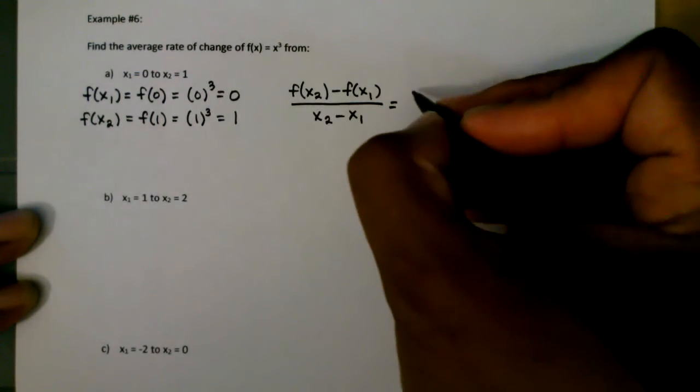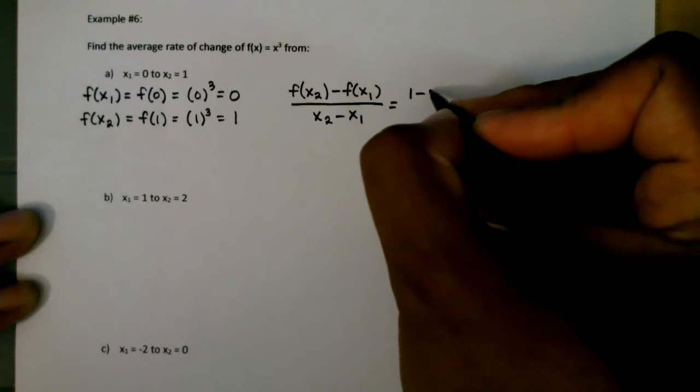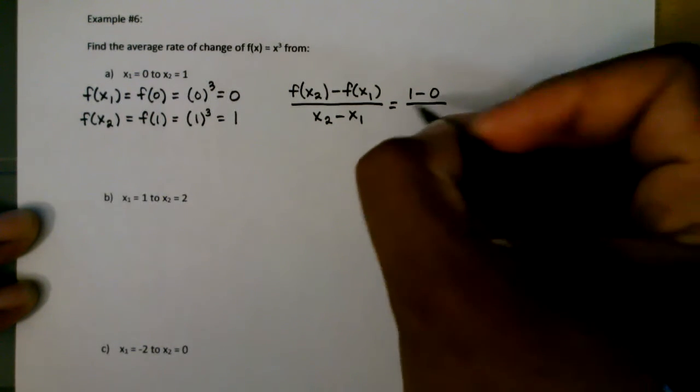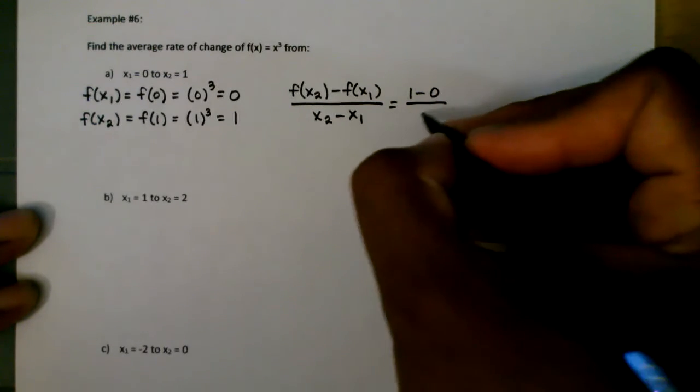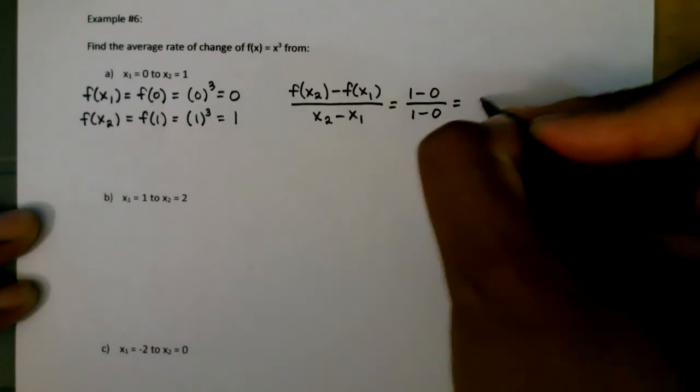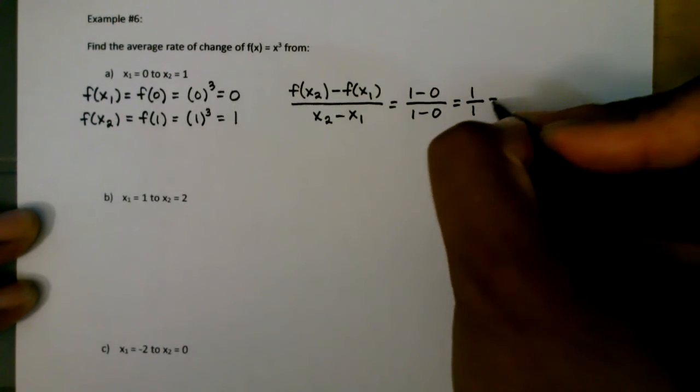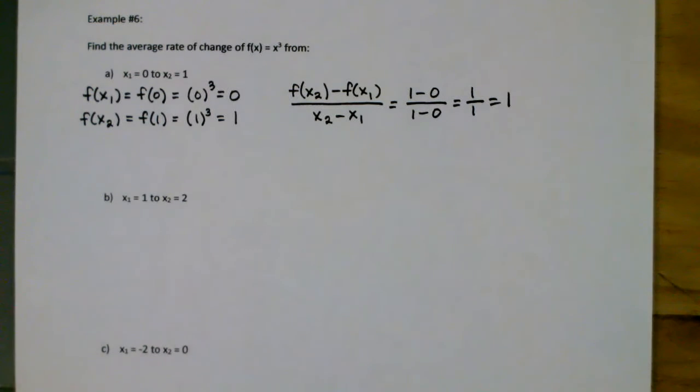So f of x2 is 1 minus f of x1 is 0, over x2 minus x1, 1 minus 0. Well, this is easy. This will be 1 divided by 1, or just 1. So between 0 and 1, the average rate of change for that function would just be 1.